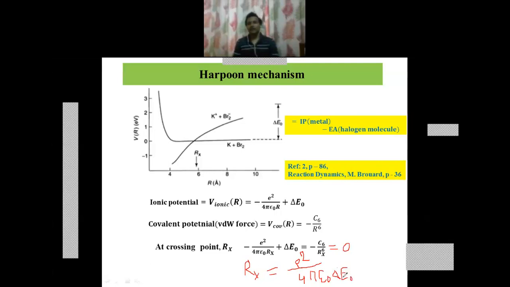Now, this e is of course the electronic charge, positive and negative. If we work out this relation, approximately we can get this Rx value, right? That's what I showed in the previous class.